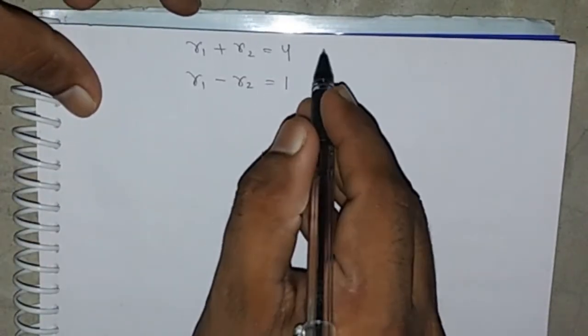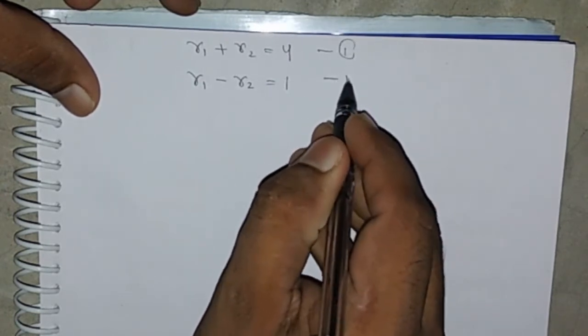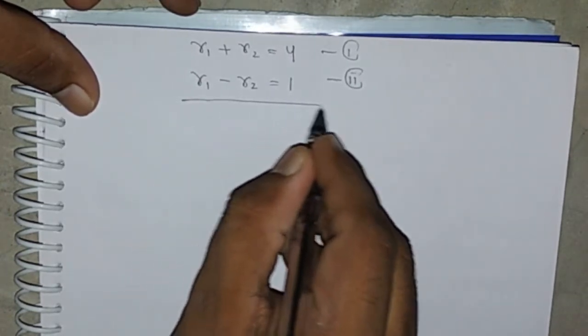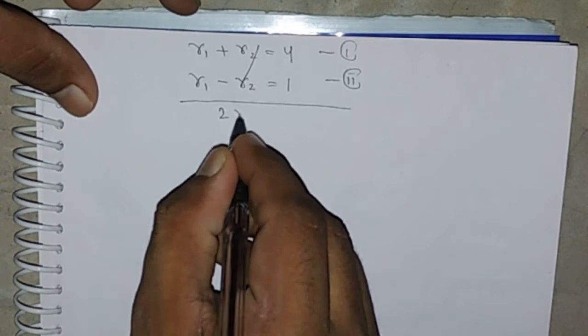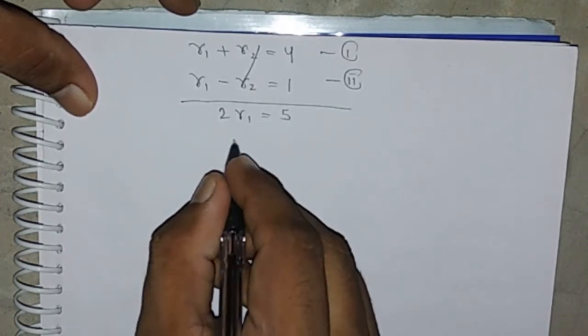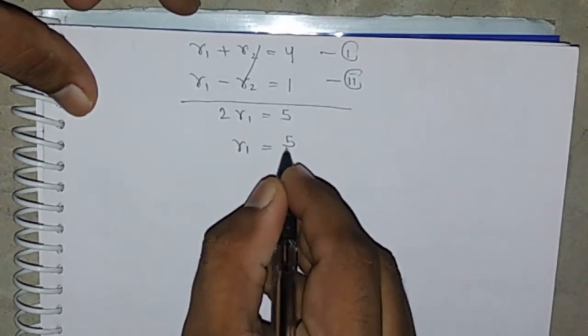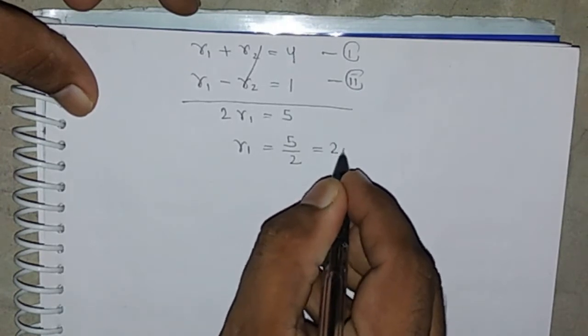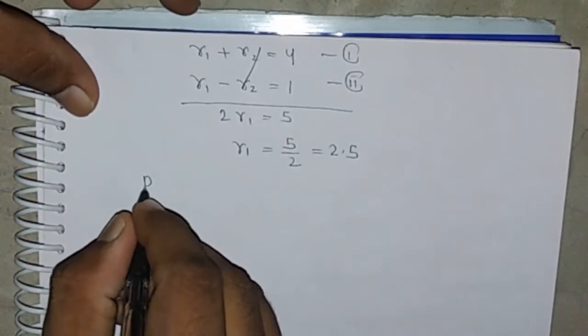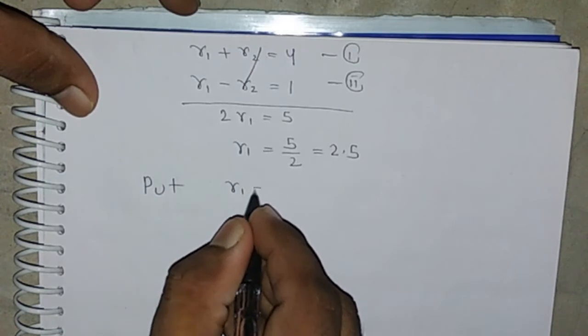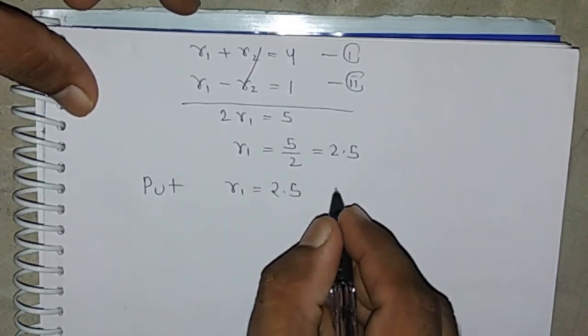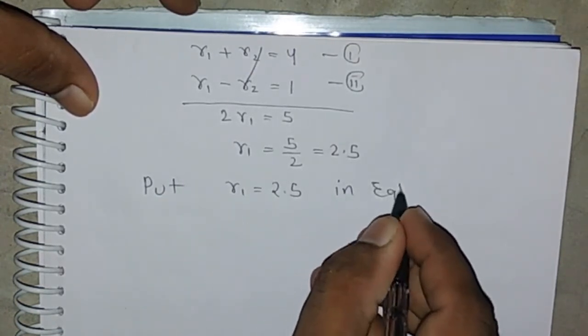Now add these two equations to eliminate R2. We have 2R1 equal to 5, means the value of R1 is 5 by 2, equal to 2.5. Put R1 equal to 2.5 in the first equation.